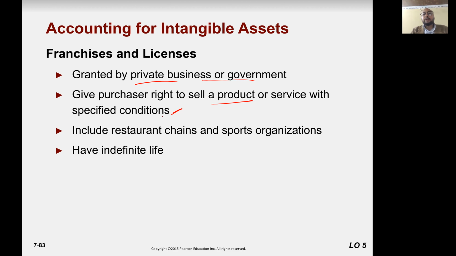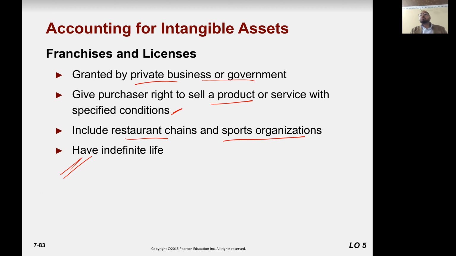All right, franchise normally is for services, for production. We call this license. If I ask for my product to be produced by another company with my logo, with my name, they are selling it. We call this license. I give the license to produce. So it includes restaurant chains, sports organizations, and they have infinite life as well. All right.